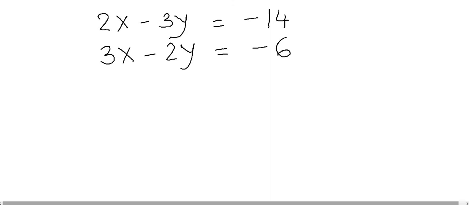Alright, and so you need to find out x minus y. So looking at these two equations, what if we add these two equations, right? So you then get, because both are in the form x minus y. So let's add these two equations. So you get 2x plus 3x becomes a 5x.